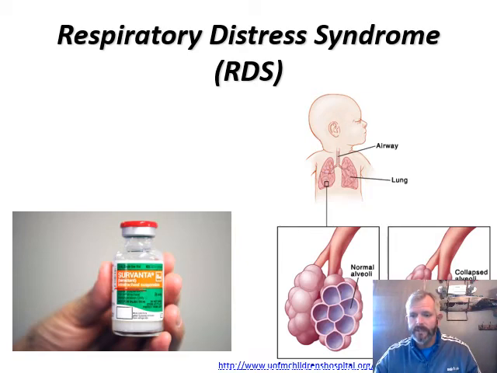There's lower compliance, and you can see we're not getting as much air into these, and that's going to affect the diffusion of the gases and will affect the ability of the baby to successfully get enough oxygen to all the tissue. So that is one factor in which surfactant goes by the wayside there.